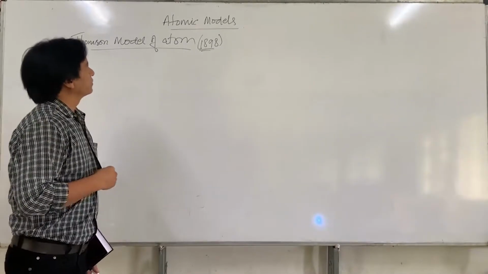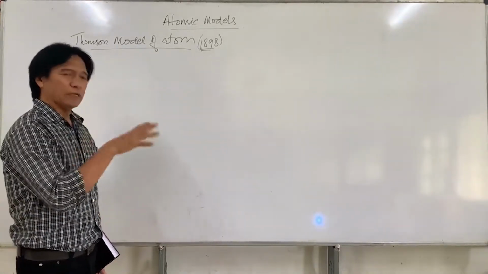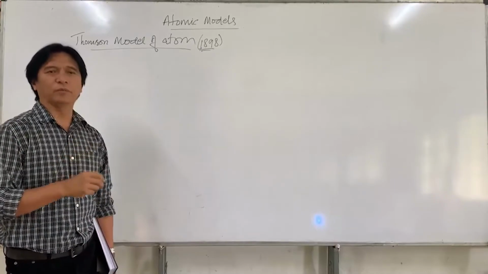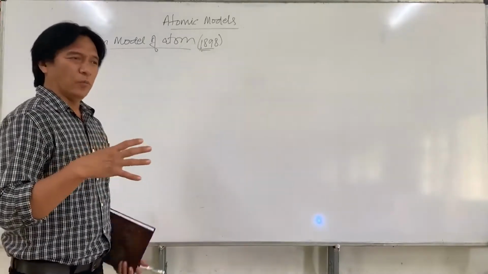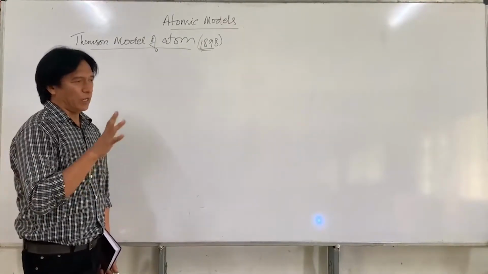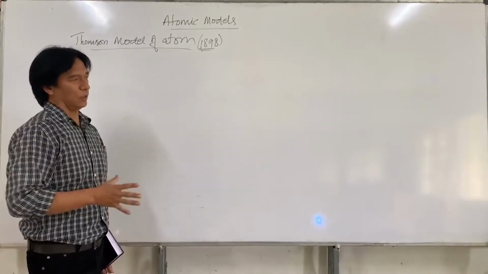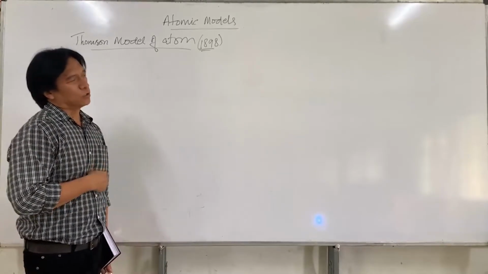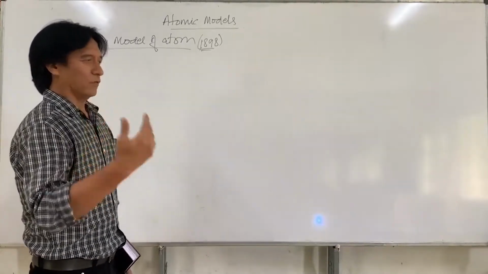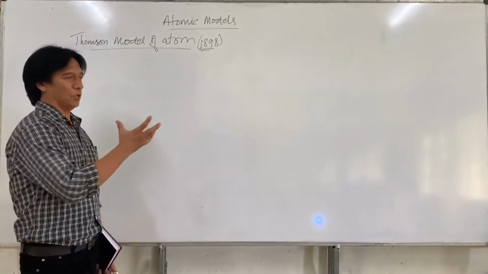Thomson's model of atom, here J.J. Thomson has said that an atom possesses or has a spherical shape in which the positively charged protons are uniformly distributed and the negatively charged electrons are embedded into the positive charge, so as to give a sort of very stable kind of electrostatic arrangement to the atom.